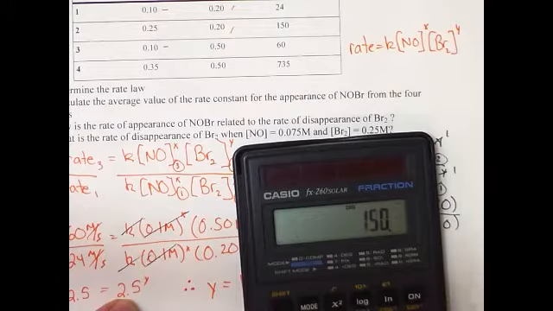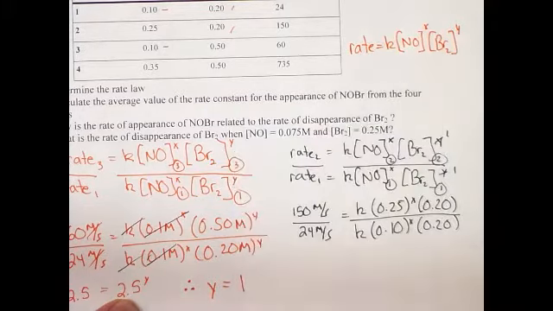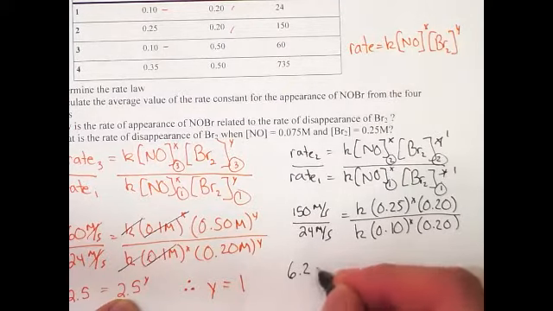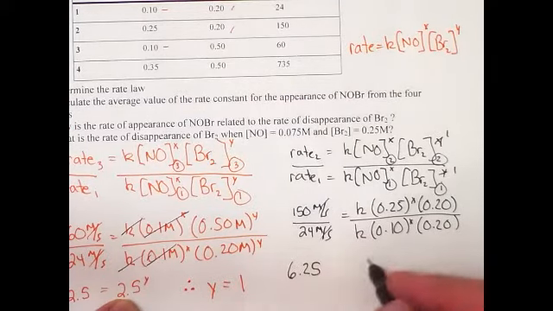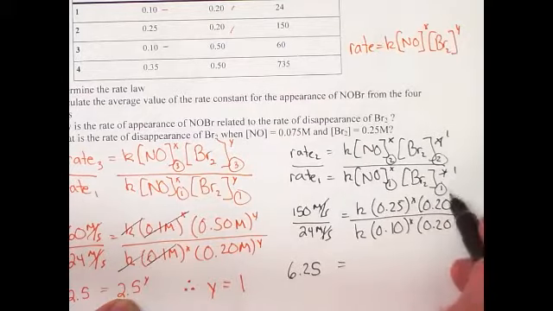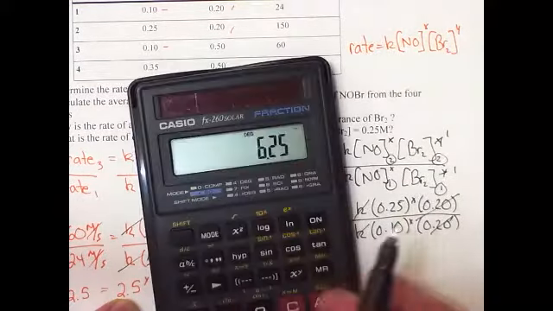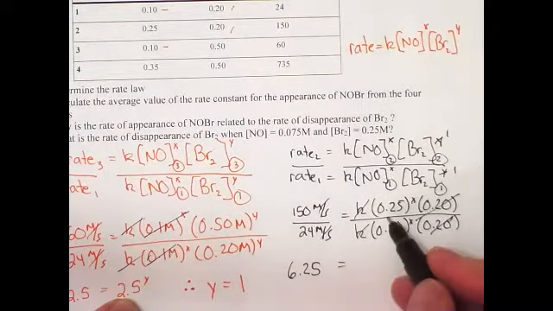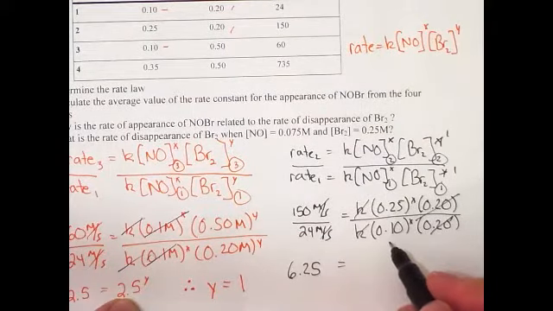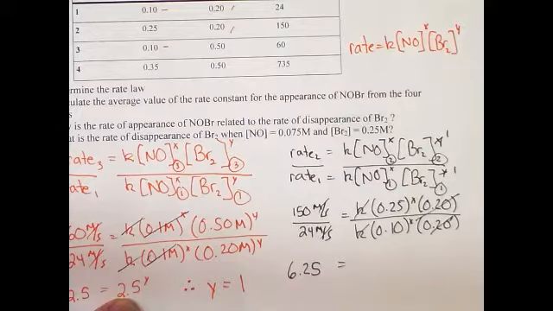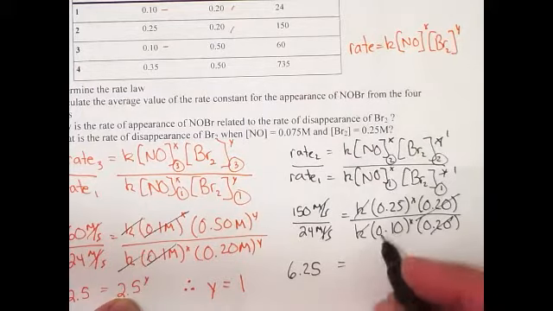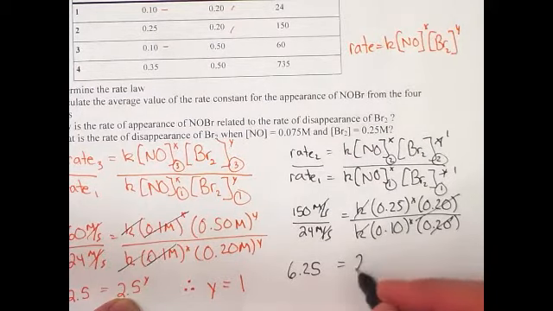So now we do 150 divided by 24, and we get 6.25. Again, the units cancel. So this part is canceled out, the k is canceled out. So 0.25 divided by 0.10. We get 2.5 to the x.